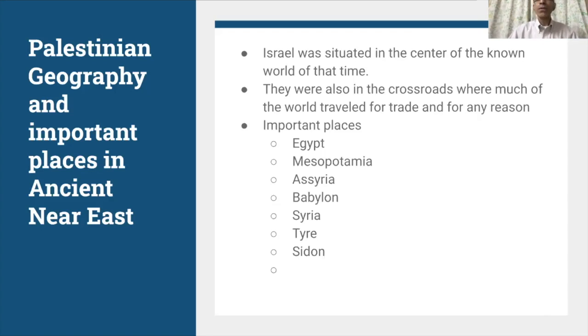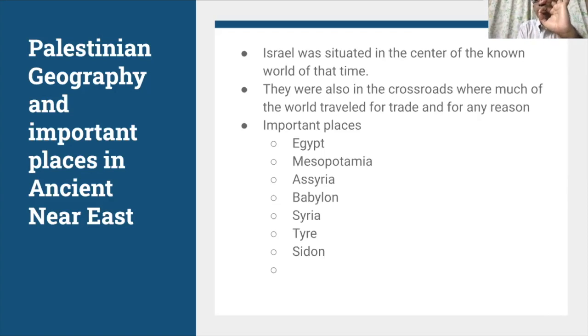Crossroads of what? Well, let's say, for example, Israel was right there in the center. Then on the southwestern corner, it would be west for you here, this side, you have Egypt. Of course, Africa is there, and further below that, other African nations, Ethiopia and others, but Egypt primarily.